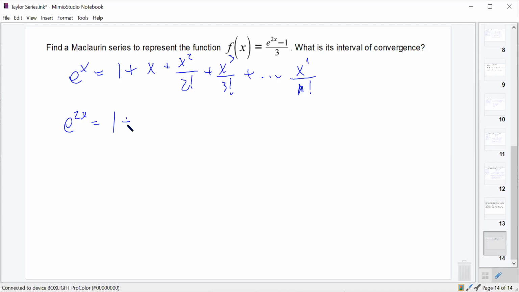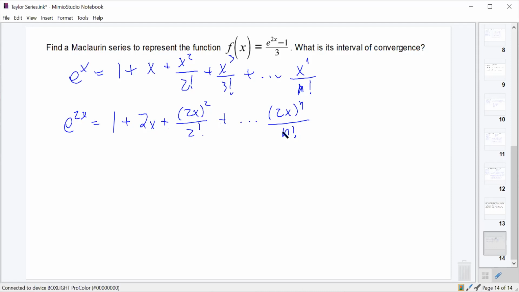So 1 plus 2x plus the quantity 2x squared over 2 factorial, plus the quantity 2x to the n over n factorial. Everybody good with that?